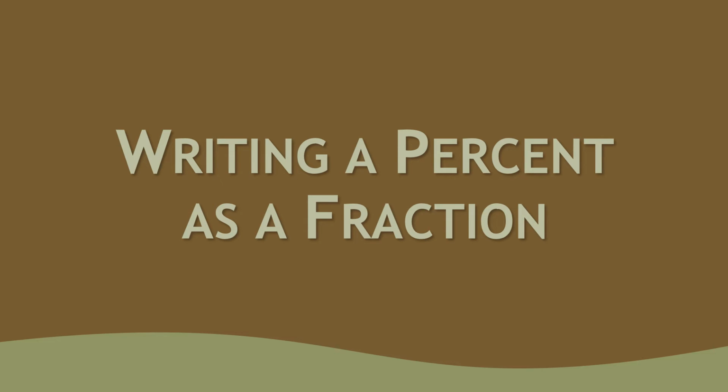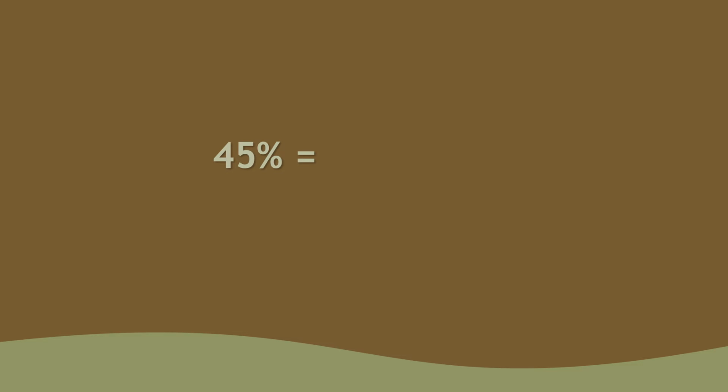Let's talk about writing a percent as a fraction. So here is a percent. This is 45%. Now remember, we said that 100 is the key number we're going to be thinking about when we think about percent. And percent is also, another way you can think about it is you can think of out of 100.